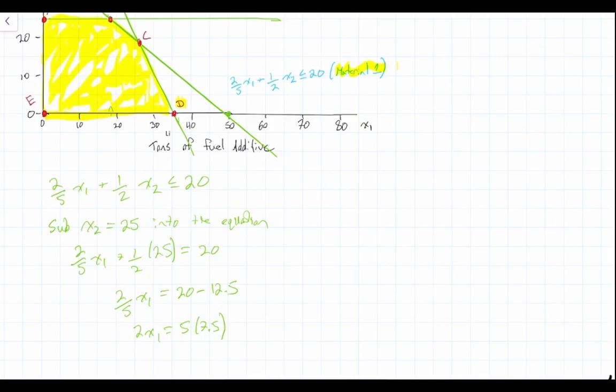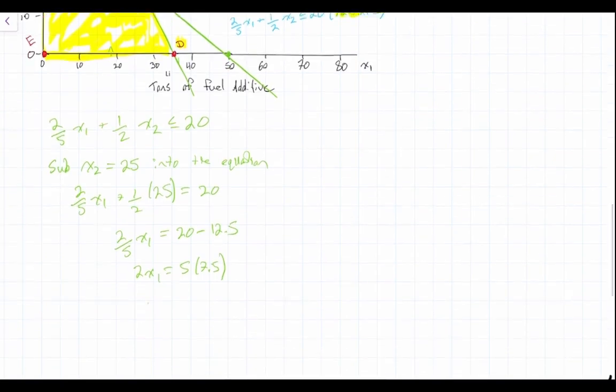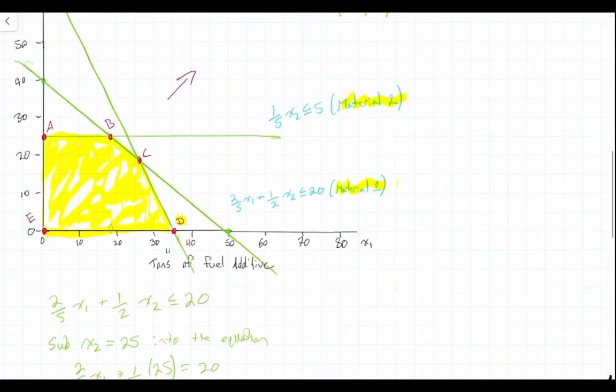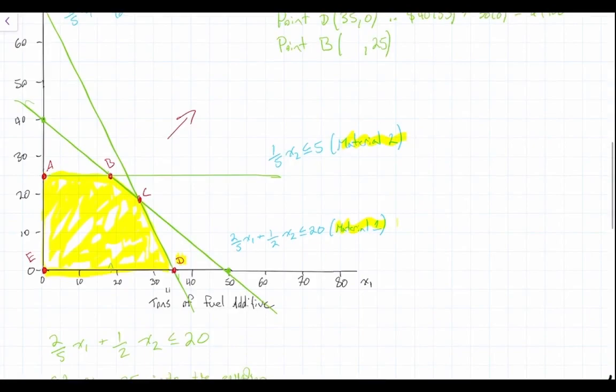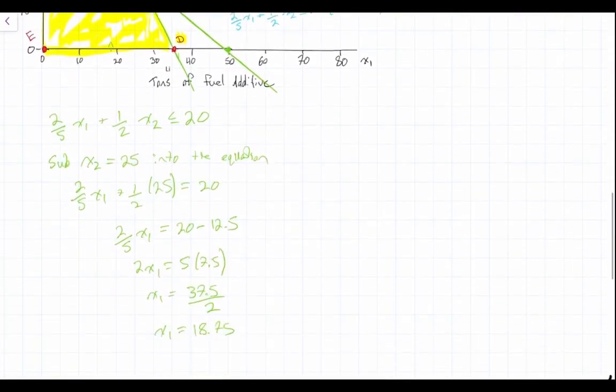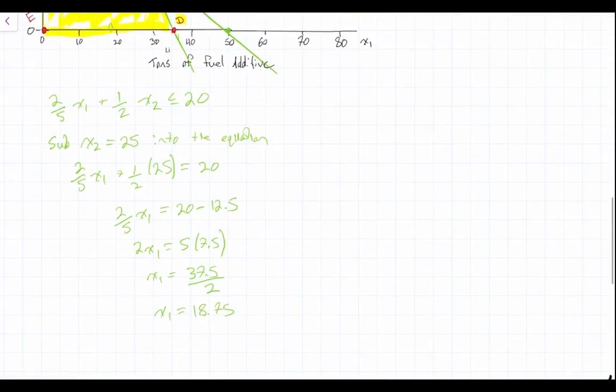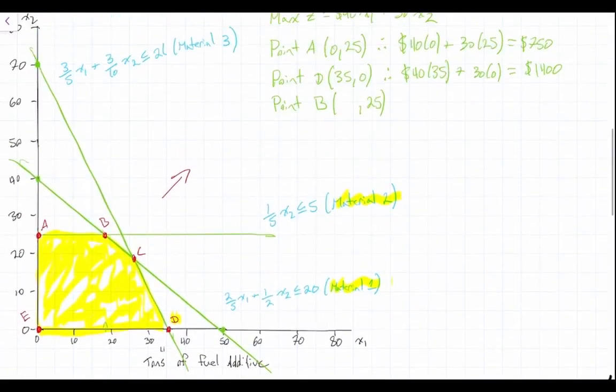Multiply that by 5. So then we get x1 is equal to 37.5 divided by 2, which gives us x1 is equal to 18.75. So our guess that point B was at the x1 coordinate of 18 is approximately right, but of course we are dealing with exact numbers here, so 18.75.